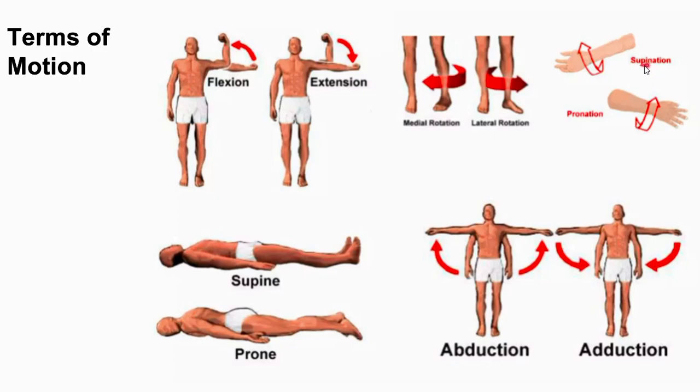Then we have lateral rotation, rotating your feet to the left, and medial rotation, which is rotating your feet to the right. I don't know if I'm getting that. Medial rotation is in a clockwise direction, and lateral rotation is in a counterclockwise direction, like what we are seeing this person doing.